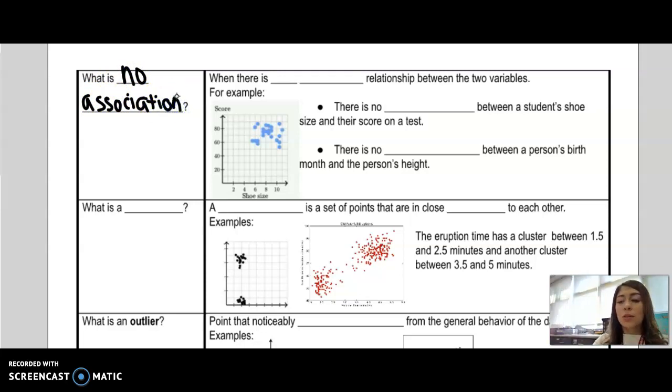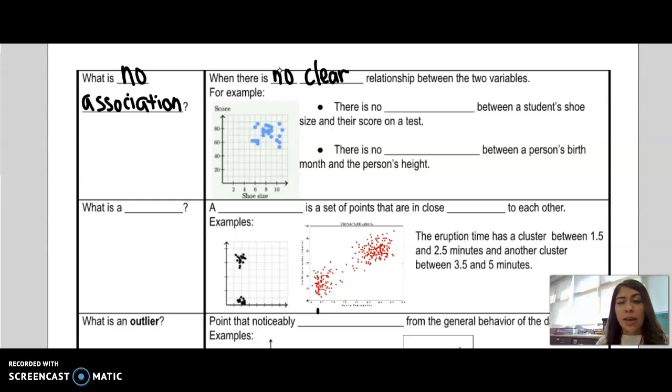When there is no association, that means that there is no clear relationship on the dot plot or between the two variables. So here I have an example where it looks like I have a ton of dots everywhere and it doesn't seem to make a line or it's not linear. That is no association because there's no line.